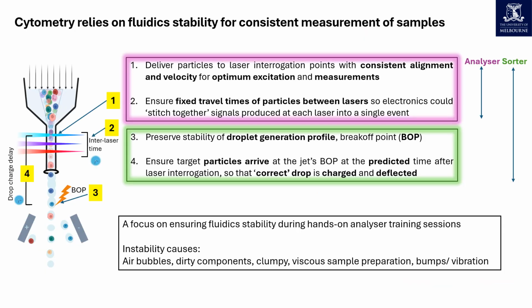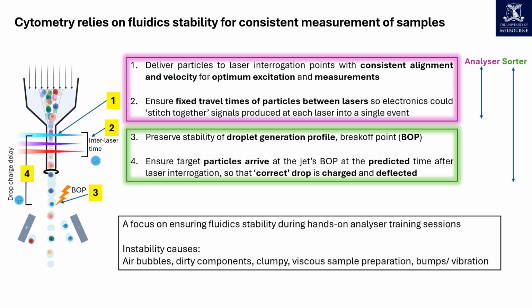To get accurate measurements in cytometry, we must first ensure that we have fluidic stability throughout the entire cytometer's path. During hands-on analyzer training, we focus on priming the fluidics and assessing that the signals are stable before any acquisition experiment.